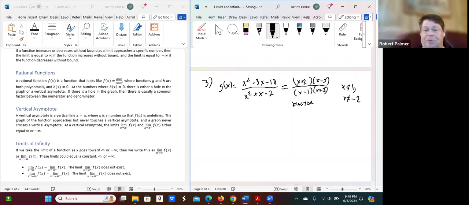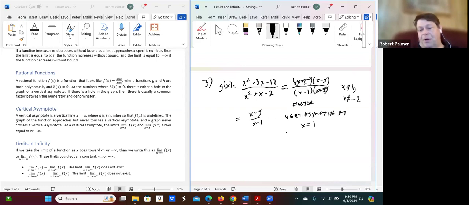Then it doesn't necessarily mean, as we saw, that we have an asymptote in either place, because these will actually cancel out. As long as x is not equal to -2, these will cancel out, and we're left with x minus 5 over x minus 1. So what that tells us is we have a vertical asymptote at x equals +1, because that's still left over, doesn't cancel out, and so that's still undefined there.